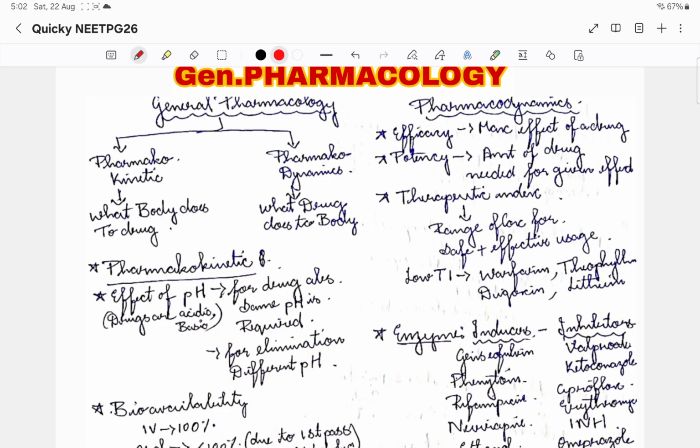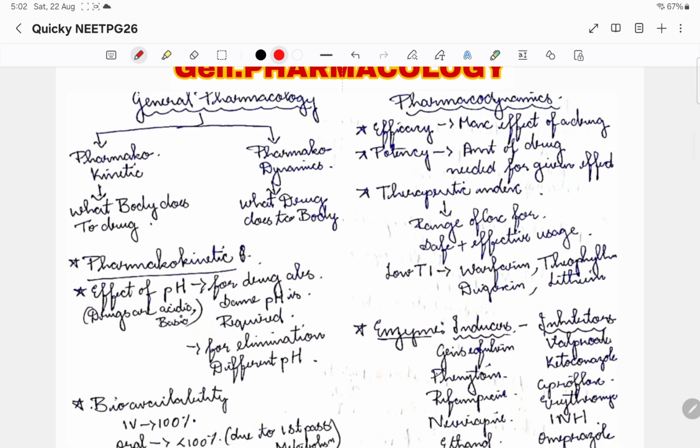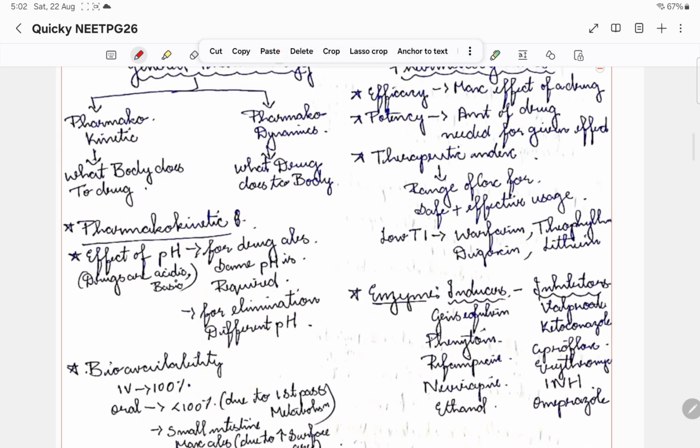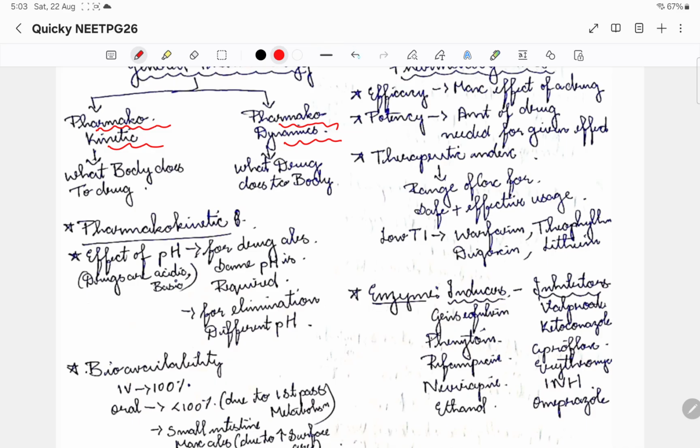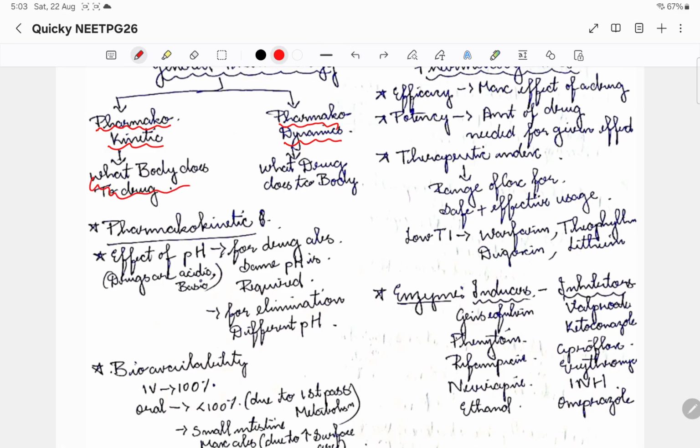General pharmacology is mainly two things, that is pharmacokinetics and pharmacodynamics. Pharmacokinetics is what the body does to the drug, whereas pharmacodynamics is what the drug does to the body. Why do we consume the drug?